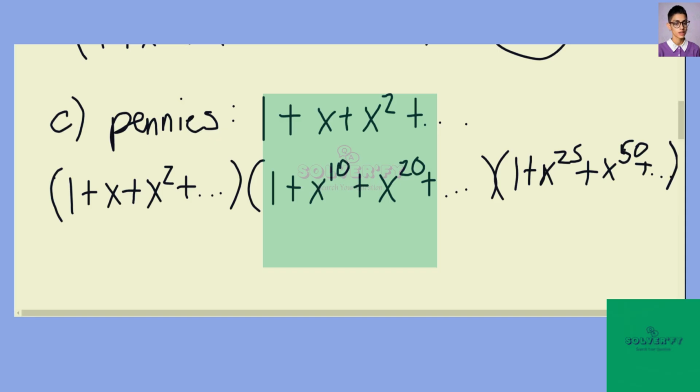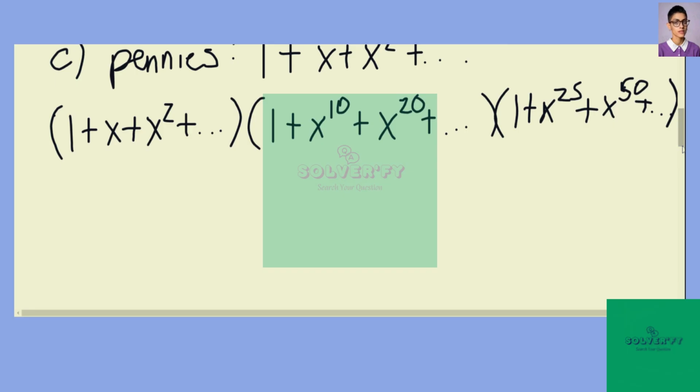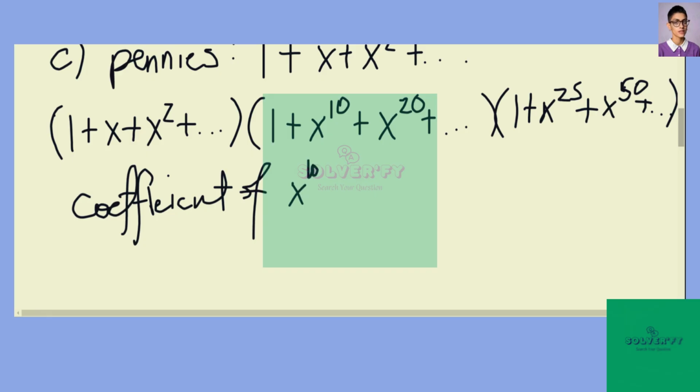And we're looking for the number of ways to make change for a dollar, which is 100 cents. And to do this, we want to find, in the expansion of this product, the coefficient of x to the 100. Notice that we can abbreviate each of these sums to the 100th degree term.